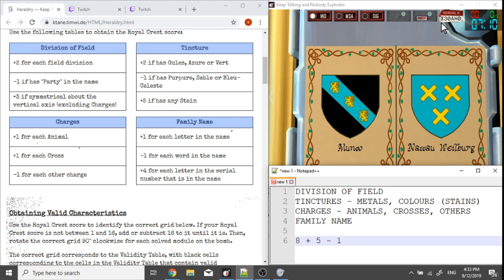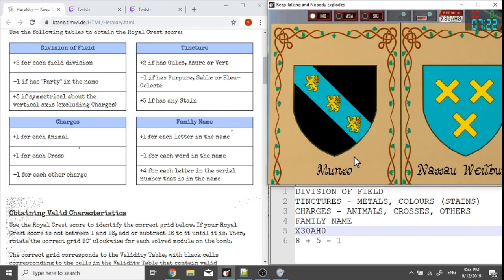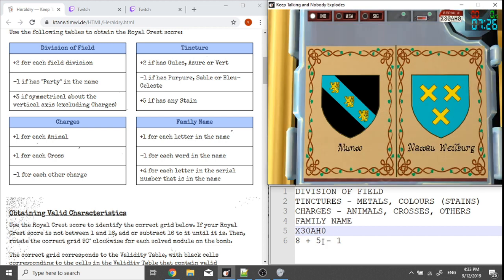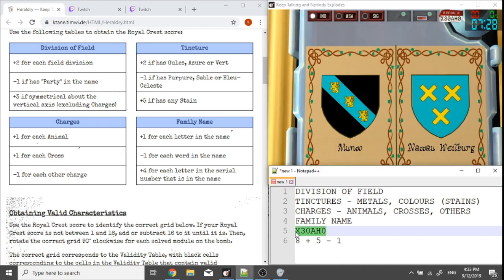So looking at our serial number, it's X30AHO, 0 rather. Do we have any X's in this name? No, we do not. Do we have any A's? No, we don't. And do we have any H's? No. So we won't add anything for that. So our overall score is 12.